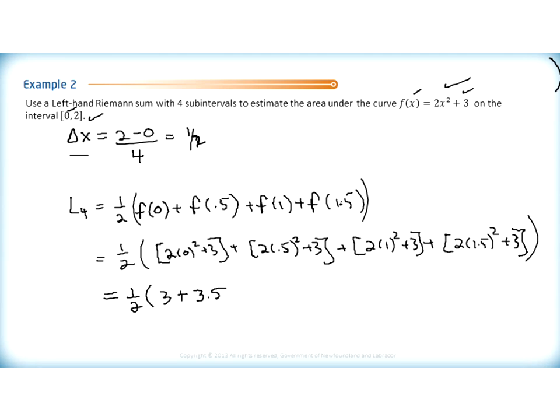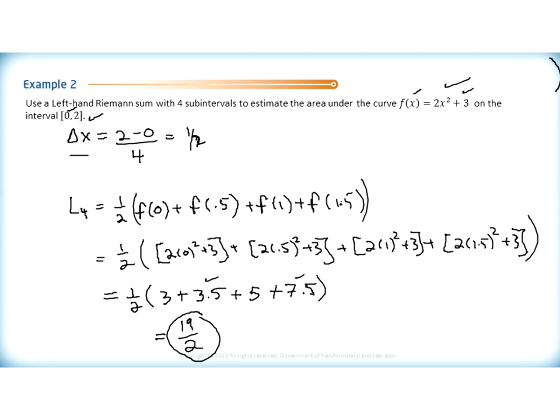So 3.5 plus, I'm thinking 5 and 7.5. So if I add all those together and divide by 2, I've got 6.5 plus 12.5, which is 19 over 2. So I get 19 over 2 there, and that's going to be my left-hand estimate. Okay, let's go and do a right-hand estimate.